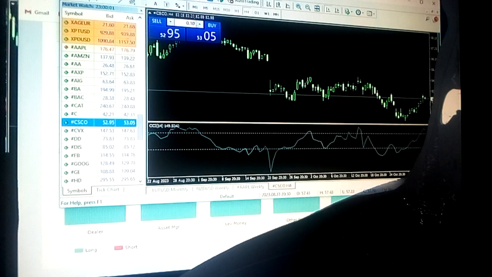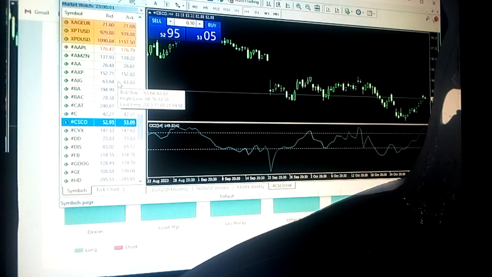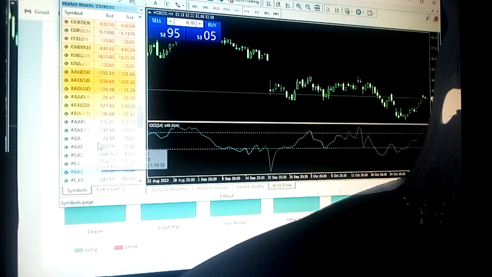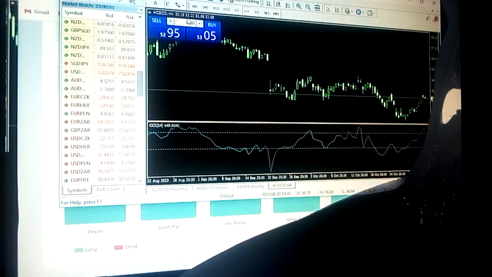So if you are a beginner, I want to teach you the difference between stocks and exchange currency. Okay, so this chart I already pulled up before. I want us to see something here very differently.